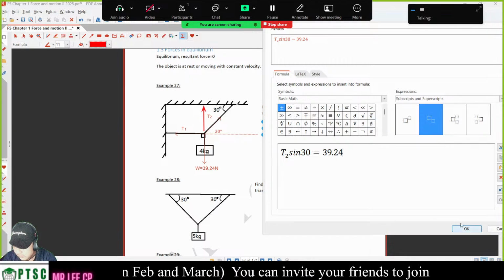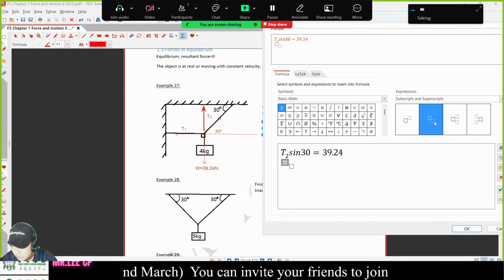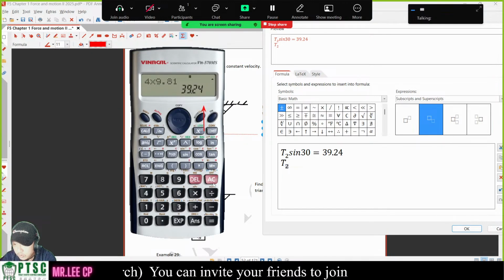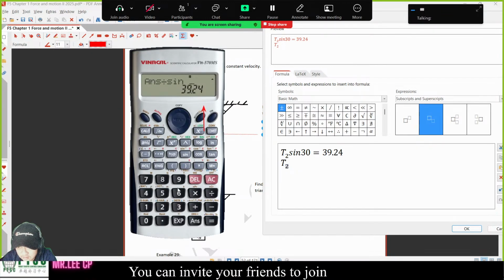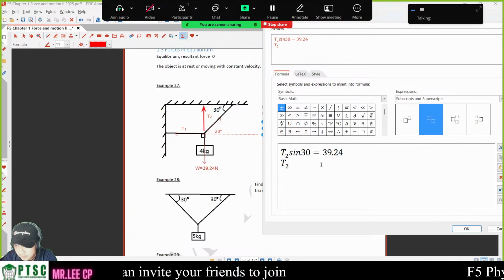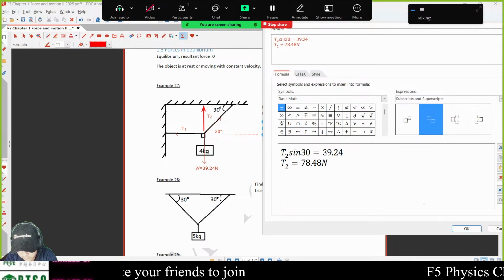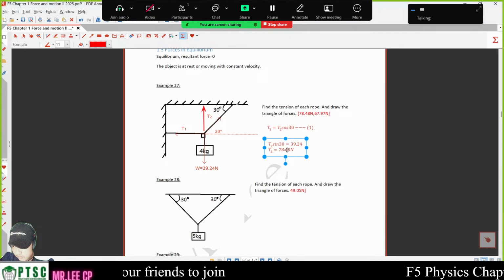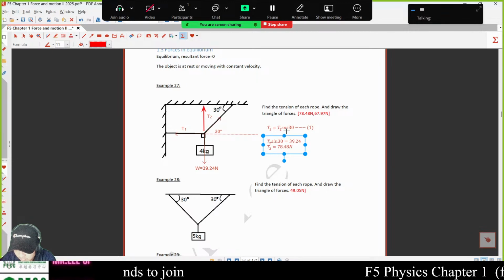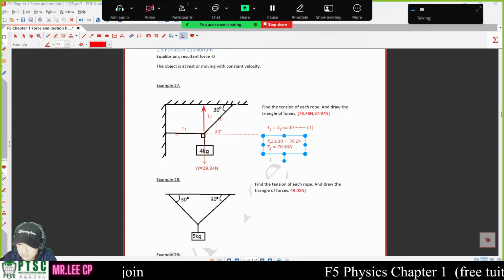So I can find T2 already. T2 is 39.24 divided by sine 30, so you get 78.48. After that, I find T1. I substitute this into here.